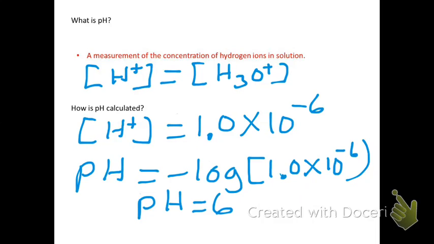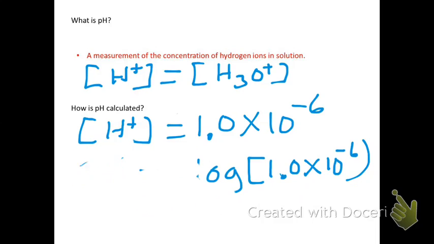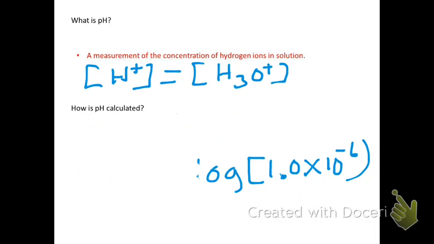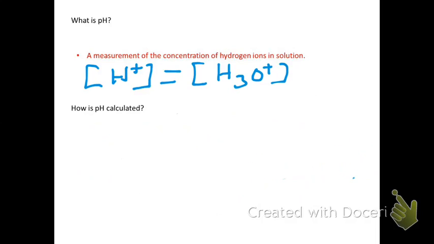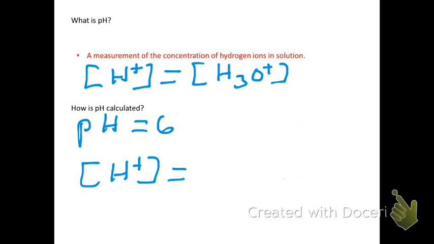And let's try the inverse of this. Let's go ahead and take our pH and find the concentration. So if I had a pH of 6, then we're going to find our H plus concentration by plugging into 10 to the minus 6.